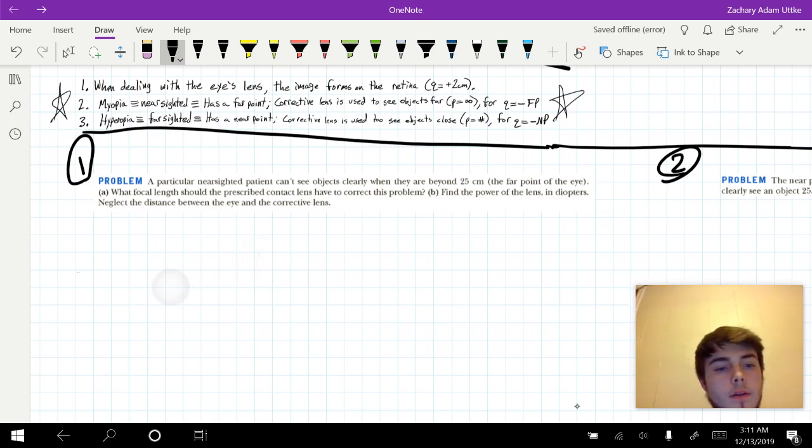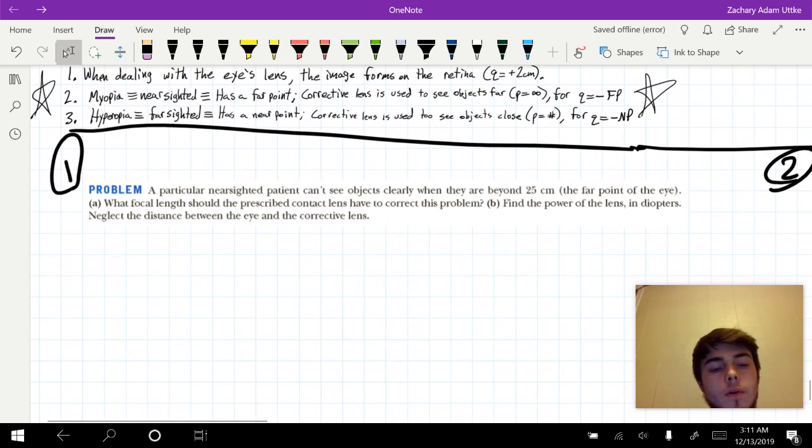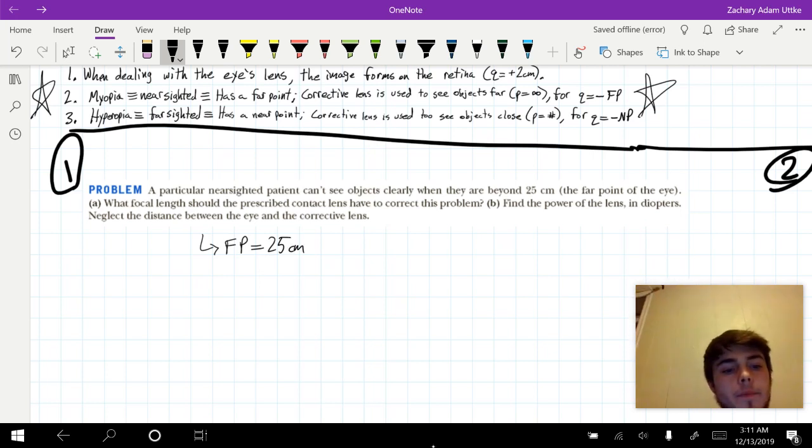Okay, so let's get started. A particular nearsighted patient, so they can only see close, they have a far point, can't see objects clearly when they are beyond 25 centimeters. So the far point is 25 centimeters. For A, what focal length should this prescribed contact lens have to correct the problem?